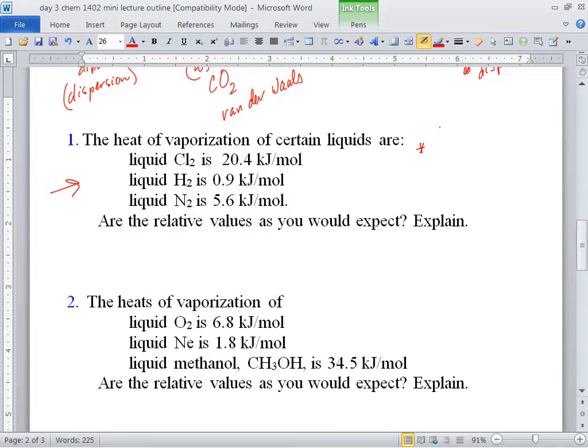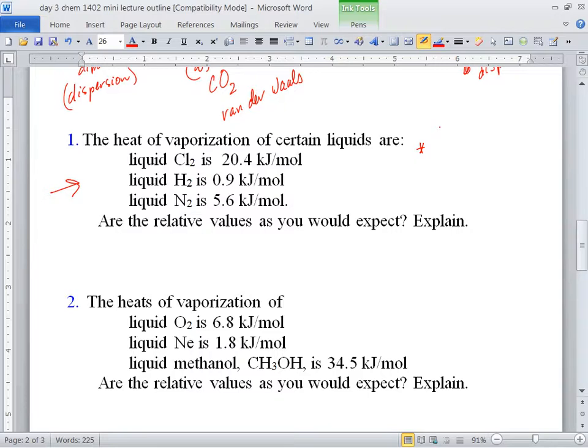Is there any other type of force that's going on with those liquids? Any other type? No. Van der Waals is it. So how would you make Van der Waals stronger? More mass. So does the most massive guy have the highest heat of vaporization, and the least massive the smallest? That's the answer.